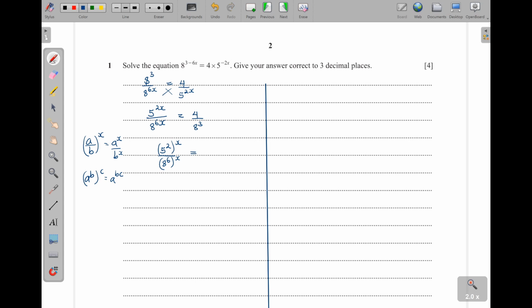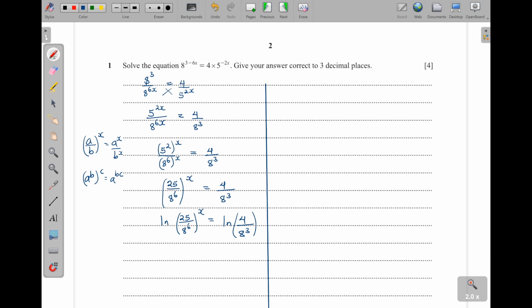So meaning here we can have 4 over the 8 cubed. So I will have that 25, then out of the 8 power 6, okay? Then power x, which is equal to 4 over 8, then power 3. Then I can introduce logarithms on both sides. So natural log of 25 over 8 power 6 of x is equal to the natural log of 4 over 8 power 3.